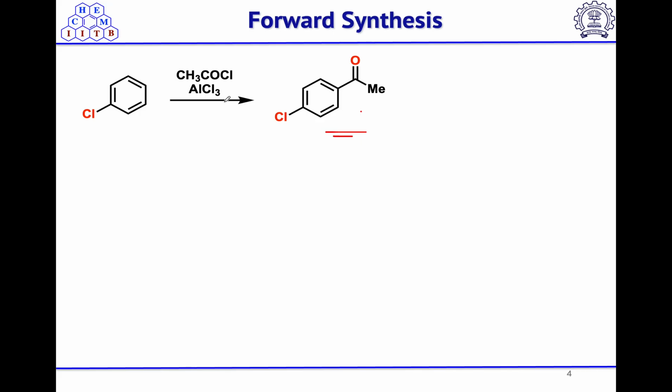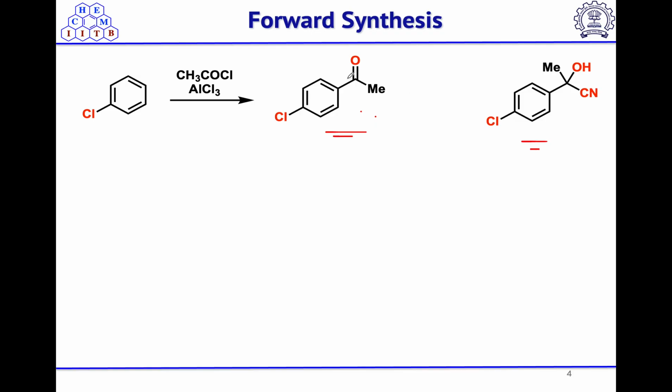This is chloroacetyl chloride with aluminum trichloride, which we use as a Lewis acid. So basically we will get this compound. Then from this compound, how will we get the next one?